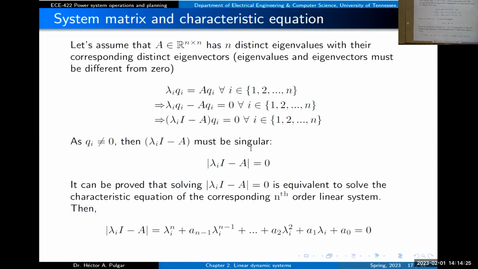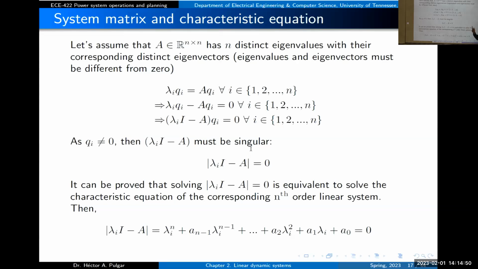So if we do this, we will get an equation that looks like this. And this is the coefficient of this equation. You see this coefficient here? It corresponds to the same coefficient of that n-order differential equation we started talking about at the beginning of this class.